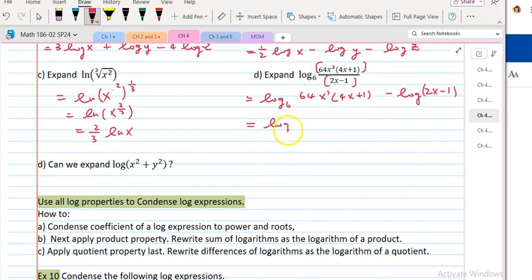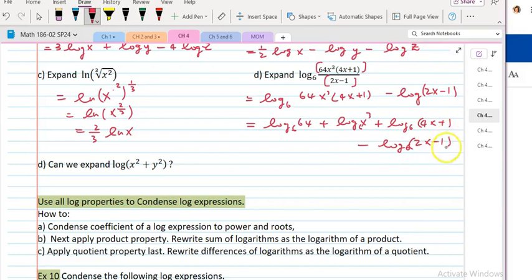So I'm going to do log base 6 of 64 plus log base 6 of x cubed. Technically, I should bracket it, but this is just multiplication, not dividing, so I don't need to. Plus log base 6 of (4x plus 1), and then log base 6 of (2x minus 1), and that's it.